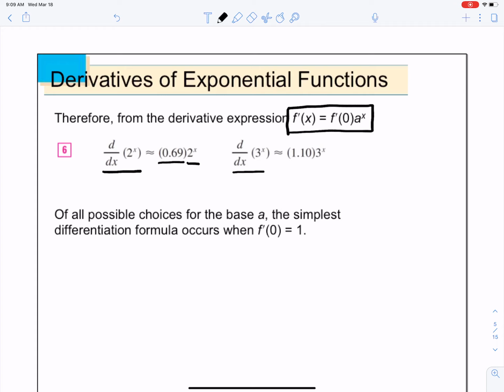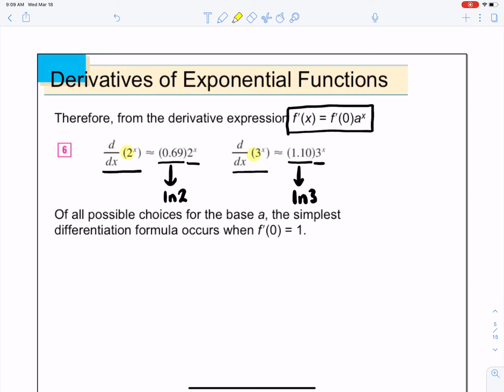Or if I have 3 to the x, this is proportional to the value off the table times 3 to the x. Now these values we mentioned were kind of looking like ln of 2 and ln of 3, but you wouldn't have known that unless I just told it to you right now. So you want to pay attention that this ends up being the ln of the base, and the base is whatever your a value was here.